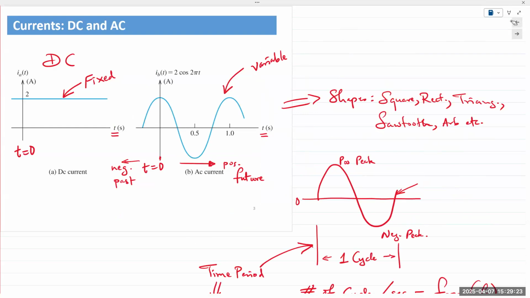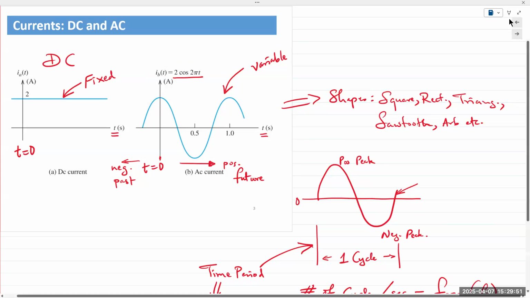You will see this in 211 and 212, but this is a standard representation of a sinusoidal waveform. That tiny expression in there, 2 cos 2 pi t, gives me information about the value of that voltage or current, gives me information about frequency, and also gives me information about the phase. So there are 3 quantities included in this expression.